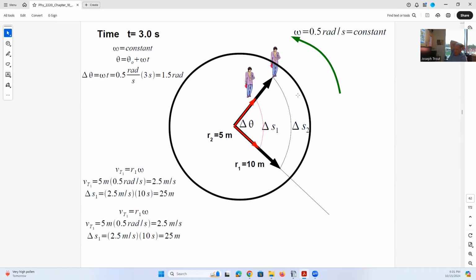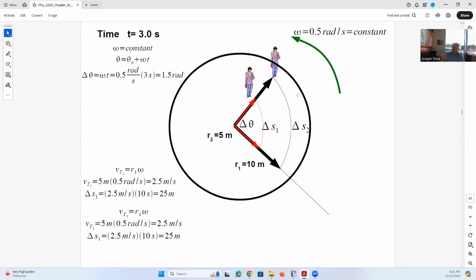And if we look for the velocity and the distance that 1 went, then we end up with 5 meters times 0.5 radians per second, and the person is moving at 2.5 meters per second.